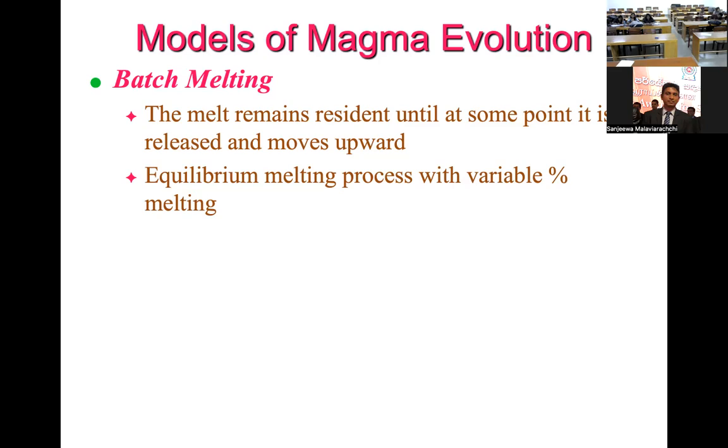Similarly, they have done experiments taking a hypothetical mantle composition. That means we artificially make some mantle composition within an experimental vessel, right? That vessel is taken to high pressure and temperature conditions in variable amounts, and we see how that initial material responds to different amounts of melting, right?